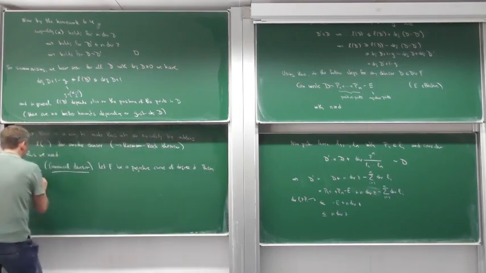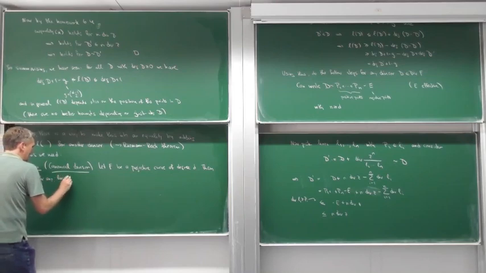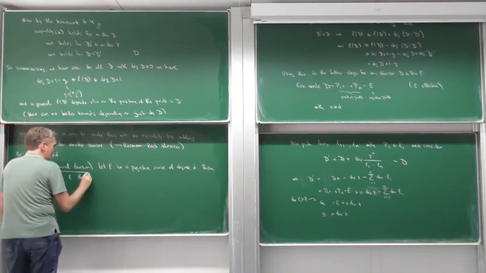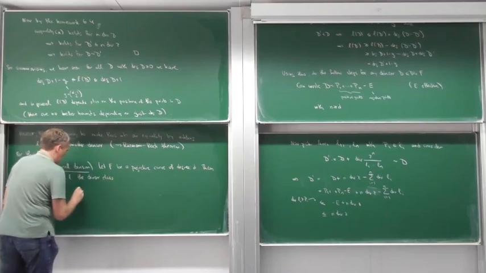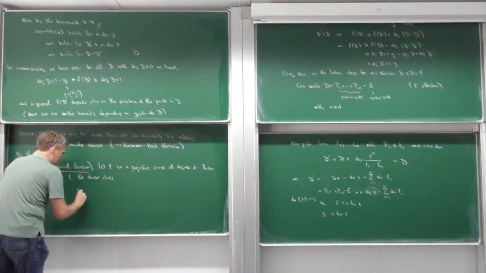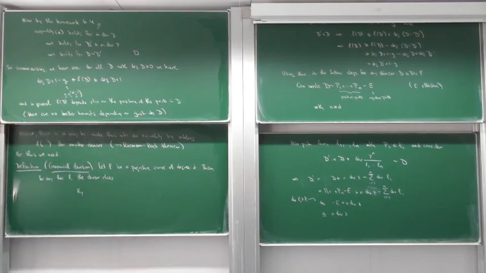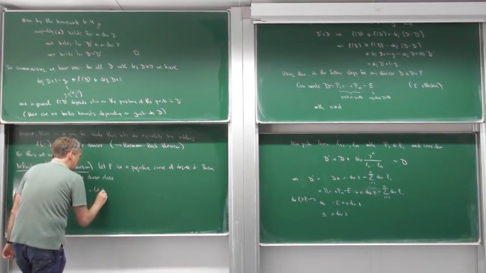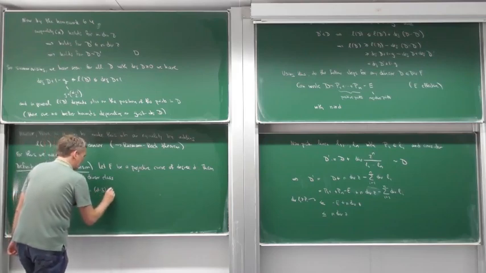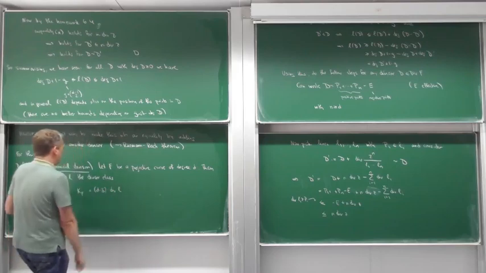Then for any line L, the divisor class, and we denote this by K_F, so that's the standard notation, K is the letter for the canonical divisor, is defined to be (d minus 3) times the divisor of the line.